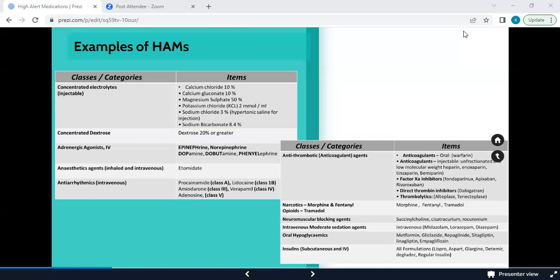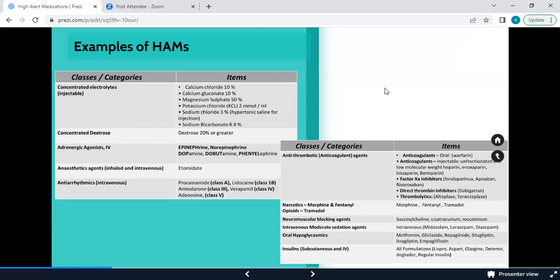Insulins are very dangerous because we have a variety of insulin preparations, and they differ in the onset of action, how long it takes for them to work, and at the same time in the duration of action.